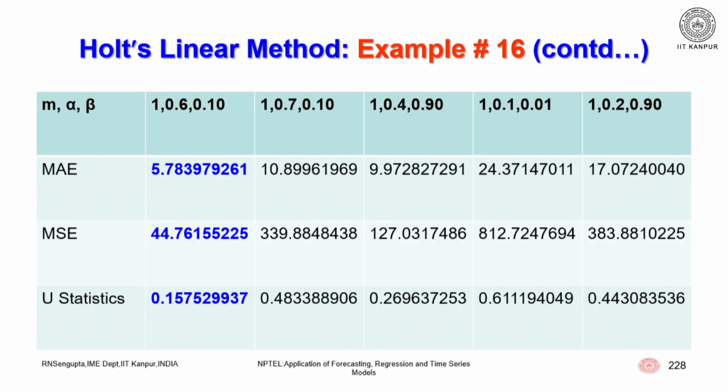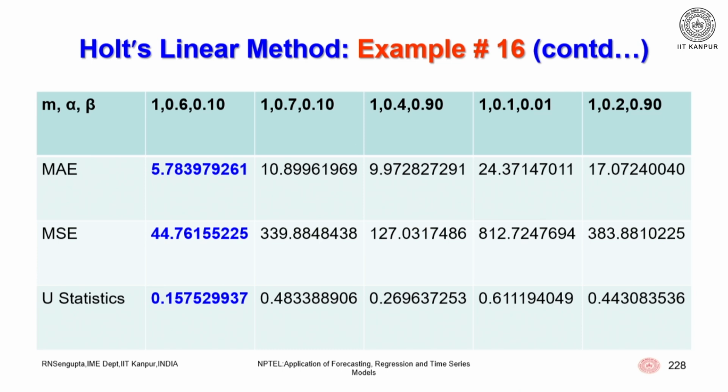Now, this is an example to basically give. If you remember, I mentioned U statistics also. So, here for M1, in the topmost row you have M, alpha, beta. M is always 1. Alpha, beta are taken in the combinations of 0.6, 0.1, 0.7, 0.1, 0.4, 0.9, 0.1, 0.01, 0.2 and 0.90.